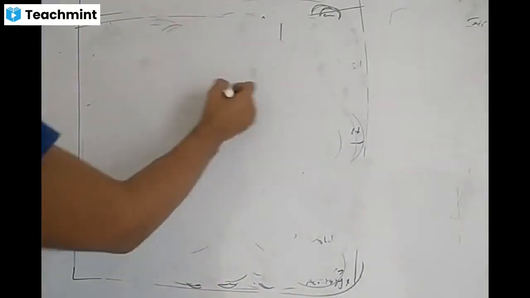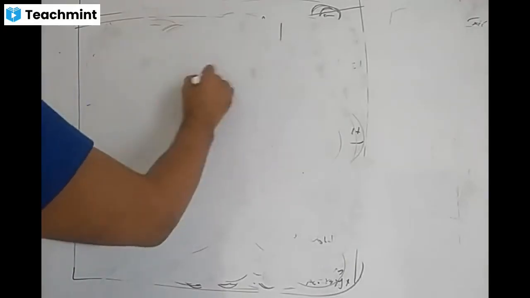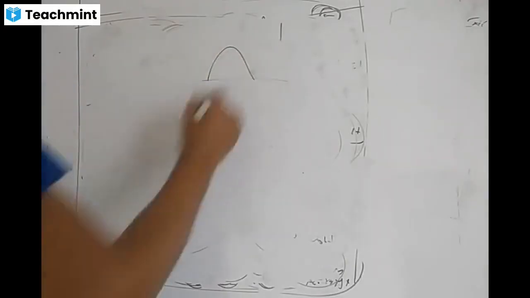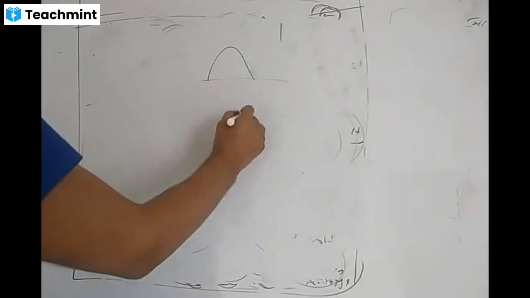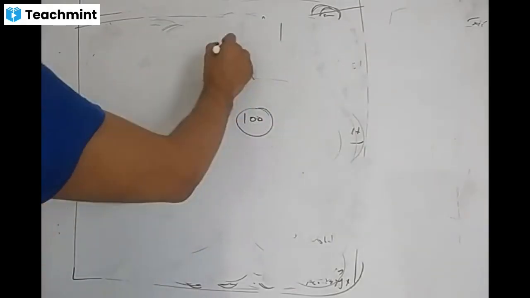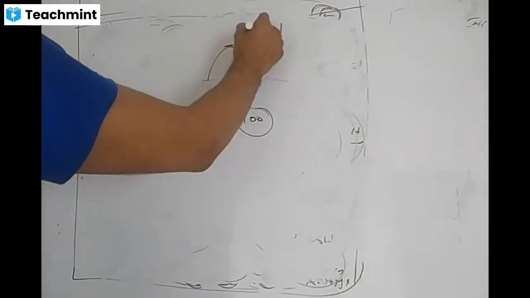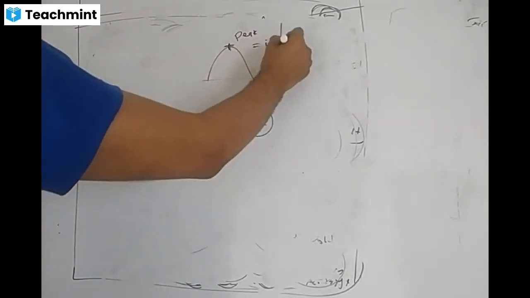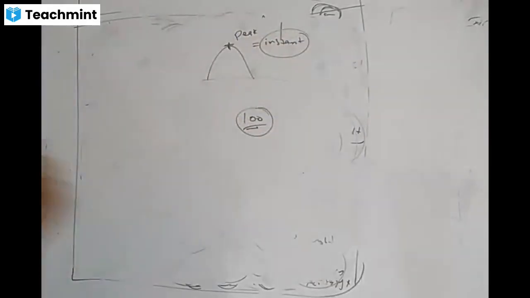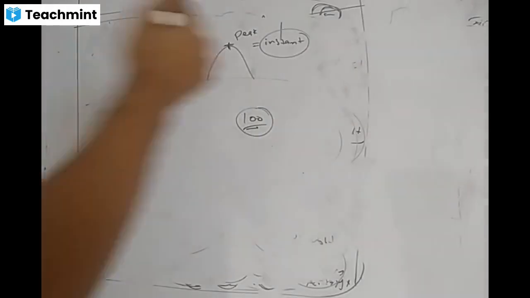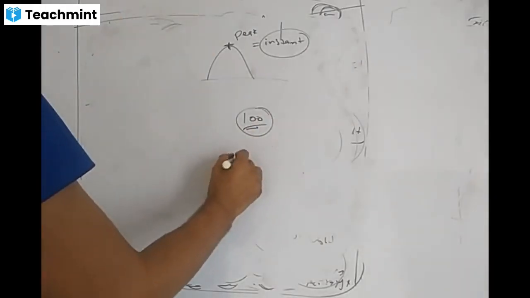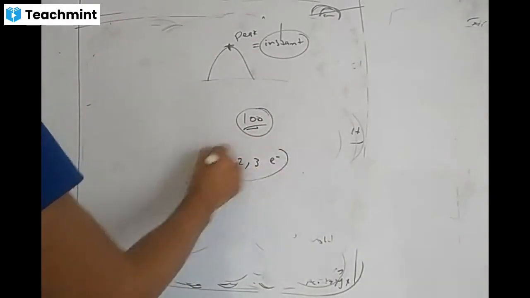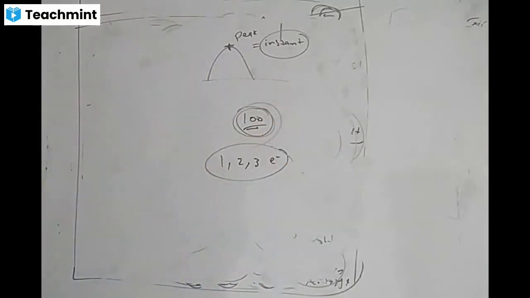But in the majority of cases, if we look at the voltage, we are giving it like this. If you give 100 at the peak, it will remain for only an instant, a very few milliseconds or less than that. So only 2 or 3 electrons gain 100.